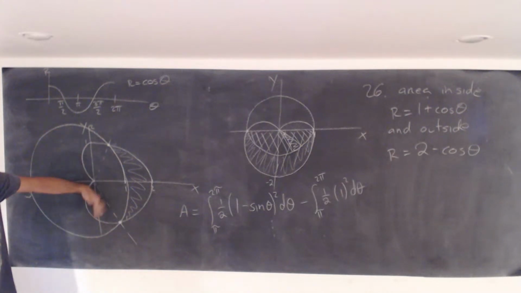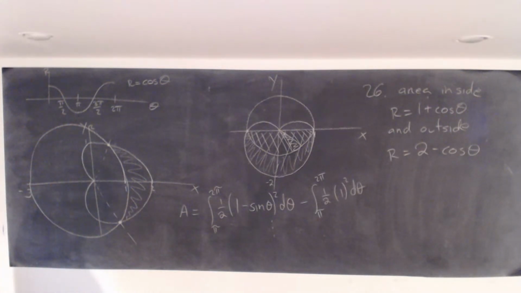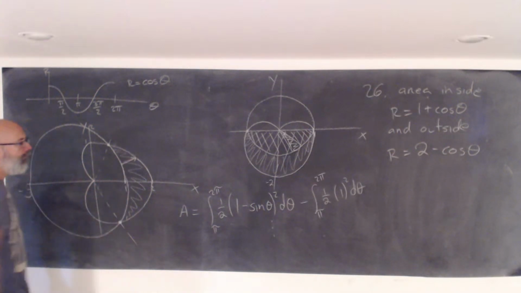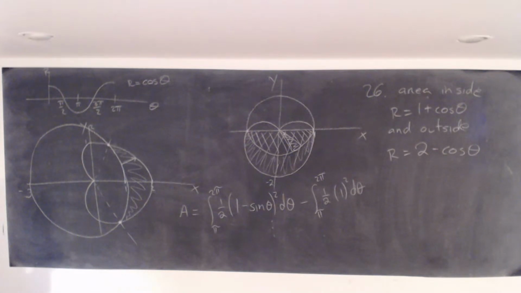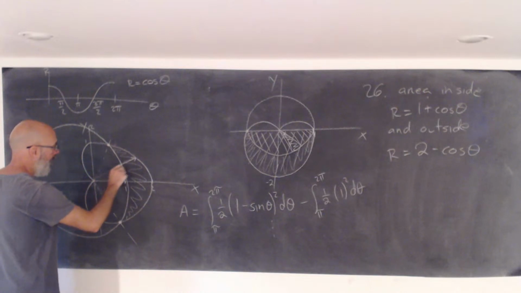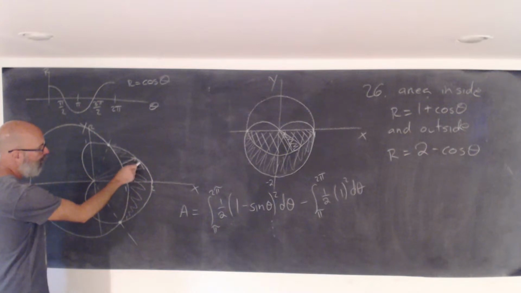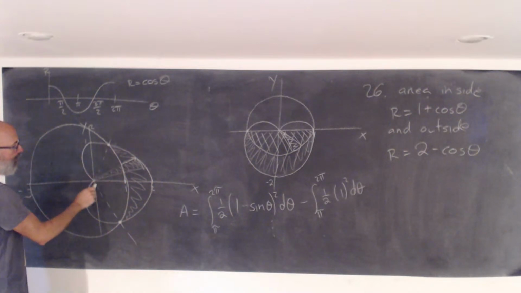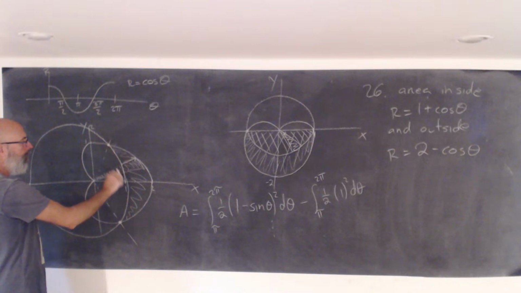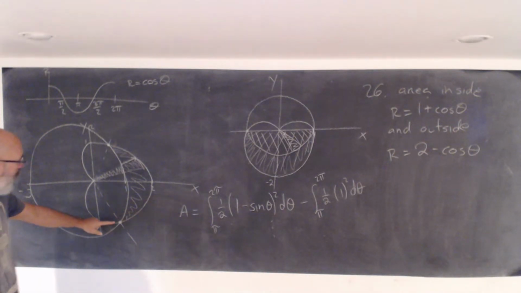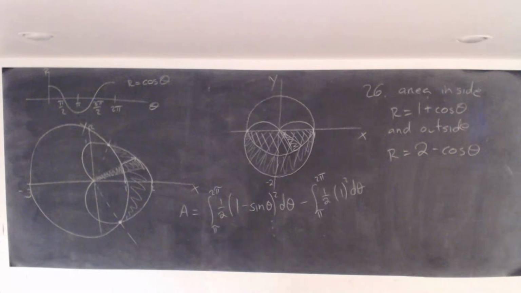That's going to determine your angle theta. And r is going to go from here to there. So you're going to have these wedges here. So it's going to be the area of the big one minus the area of the small one to give you the stuff in between. So where do these intersect? Let's work that out.